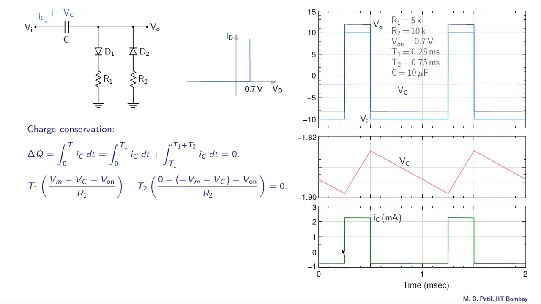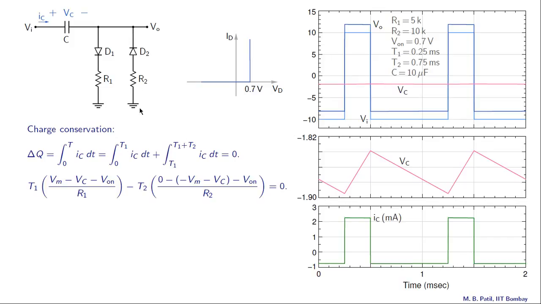What about Ic in the discharging phase, that current? Let us find the voltage drop across R2 in the discharging phase, and that will give us the current that we are looking for. So let us see what this node voltage is first. This is minus Vm when the capacitor is discharging. So this node is at minus Vm minus Vc.